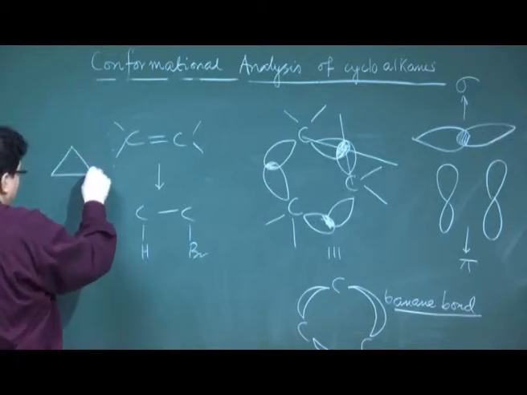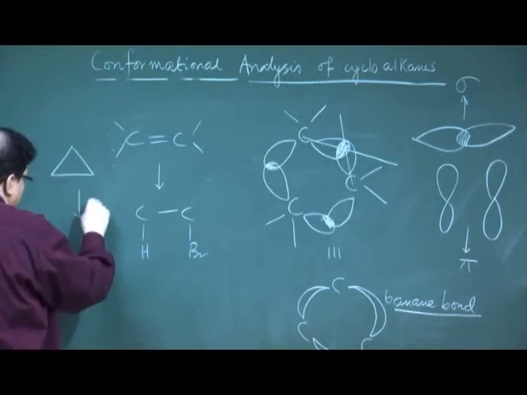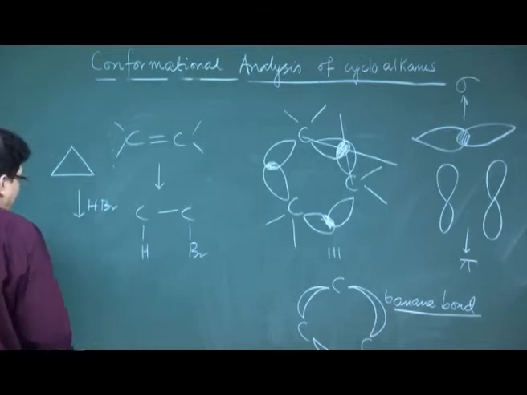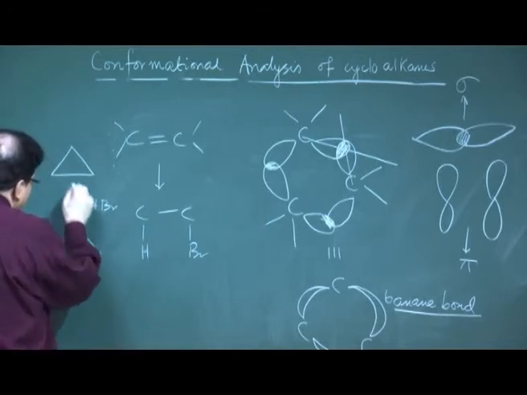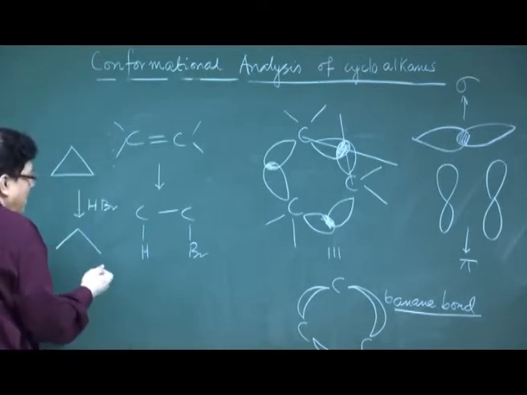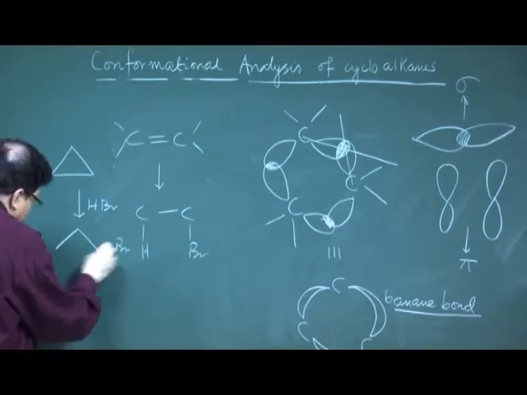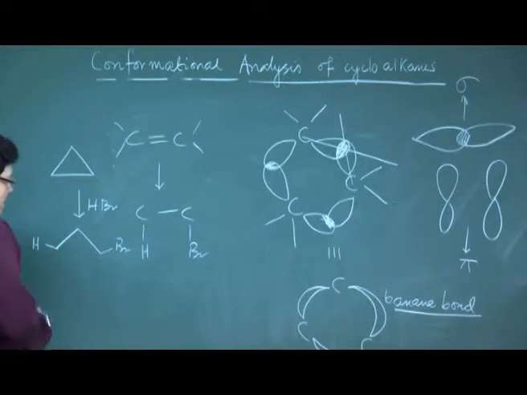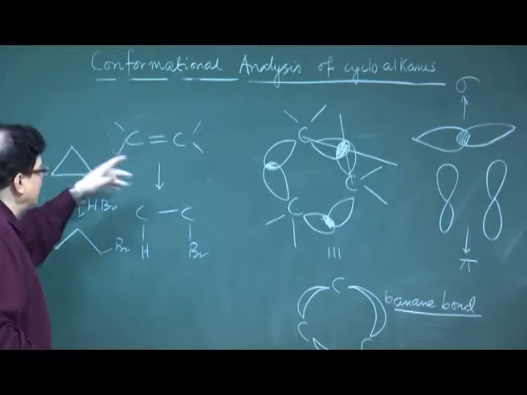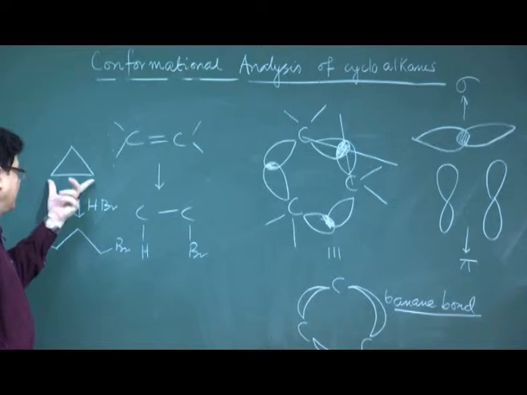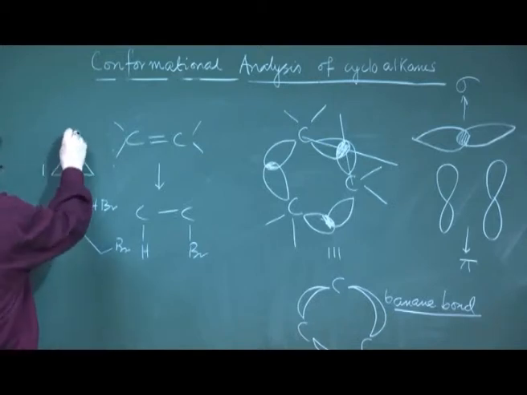Similar things happen with cyclopropane. If you take cyclopropane and add HBr, as if this bond is like a pi bond, a weak bond, on one side bromine is added and on the other side hydrogen is added. The difference is that this is a 1,2 addition and that is a 1,3 addition.